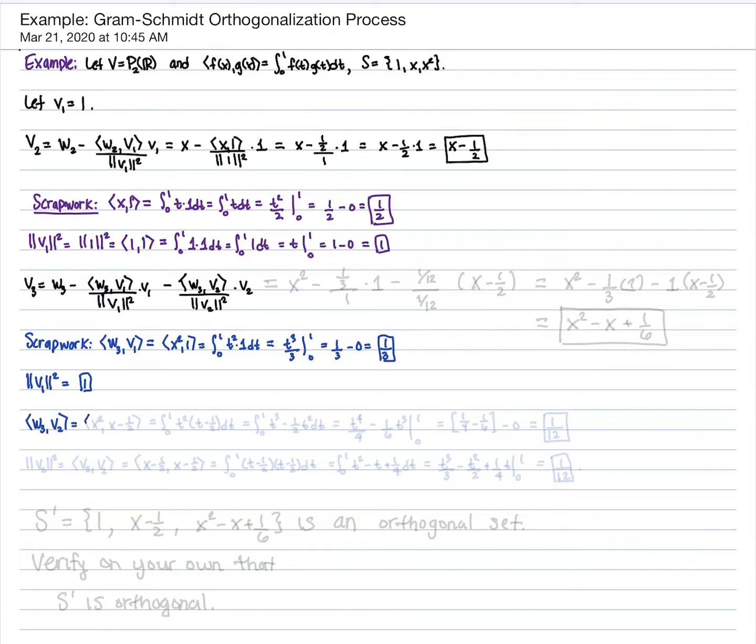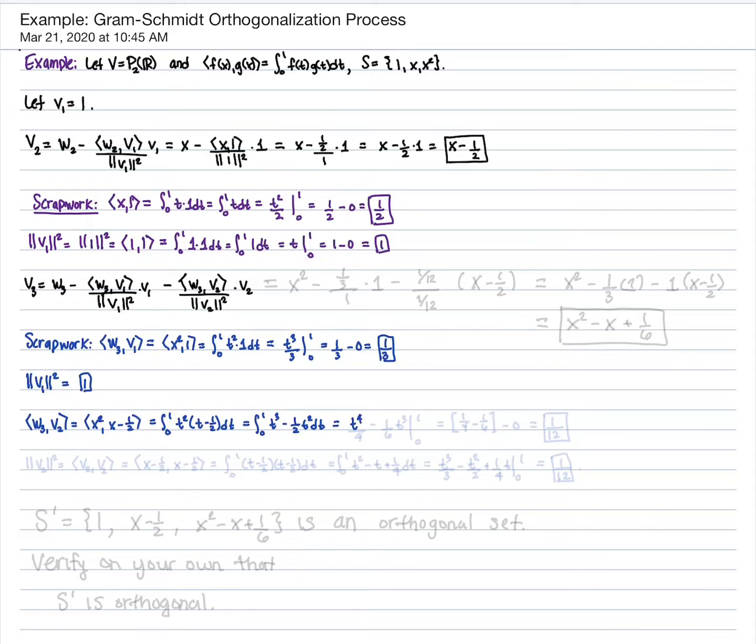So this is going to be the inner product of x squared with x minus 1/2, which is the integral from 0 to 1, t squared times t minus 1/2 dt, which is the integral from 0 to 1 of t cubed minus 1/2 t squared dt.